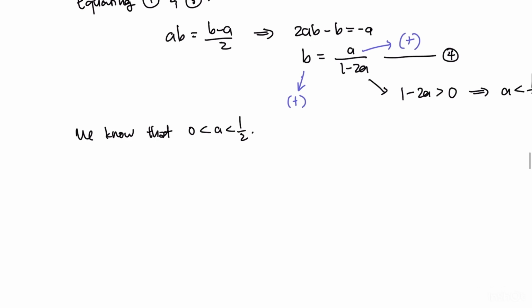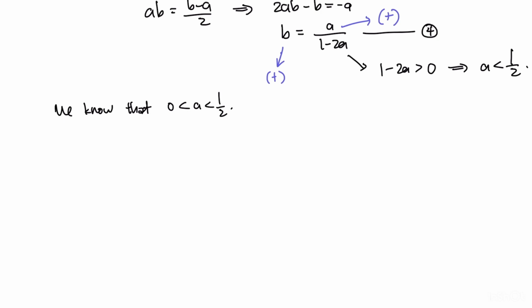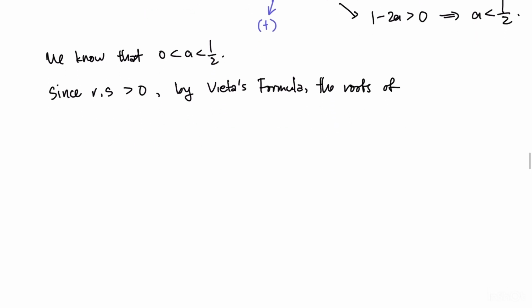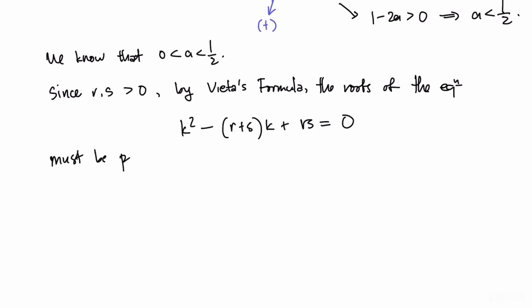Now recall that R and S must be positive real numbers. So since R and S are positive, by Vieta's formula, they are the roots of the equation k squared minus the quantity R plus S times k plus RS equals 0. So the roots of this must be positive.